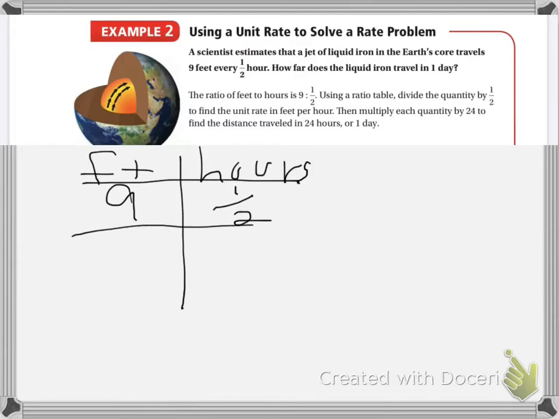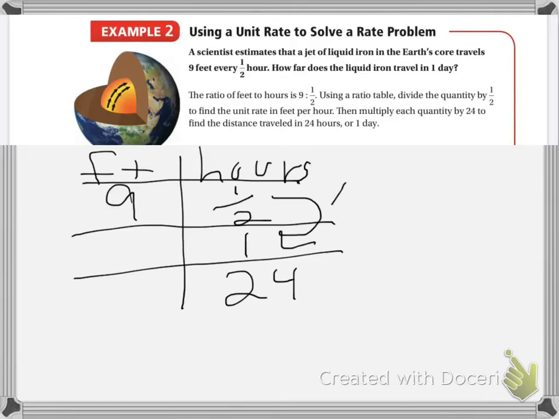But I know that I am going to take it to my unit of 1 hour before I take it to my 24 hours for 1 day. So, like we talked about in the last example, to get from 1/2 to 1, I'm going to times it by its reciprocal of 2 over 1, and then that cross cancels, and that takes us to the 1.